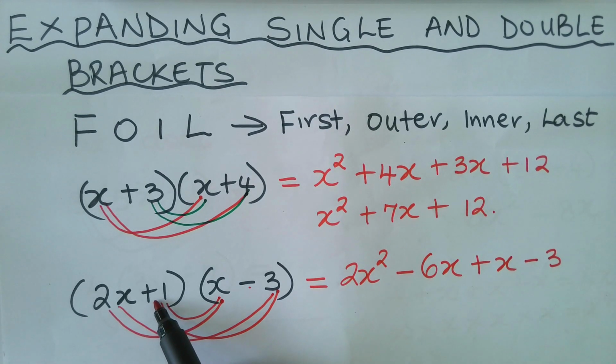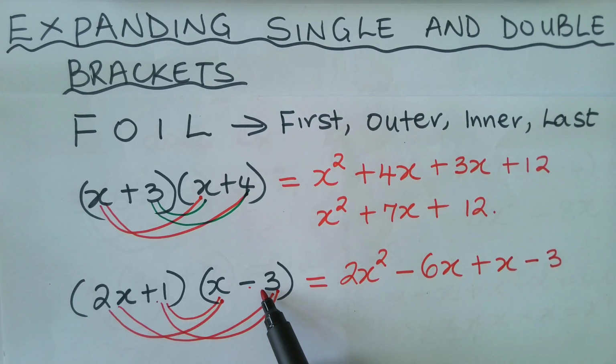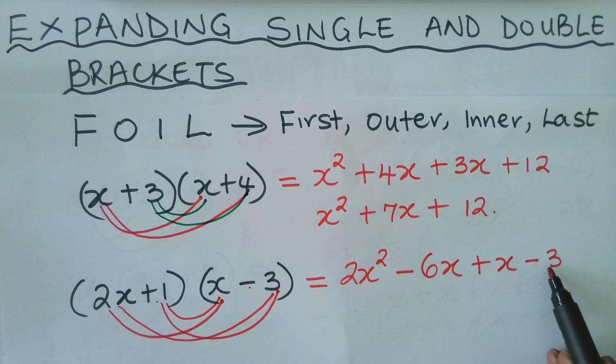Remember that when you're multiplying a positive with a negative number, it gives you a negative number.